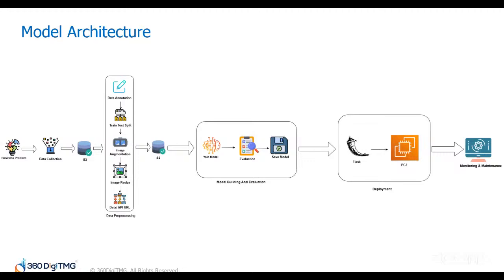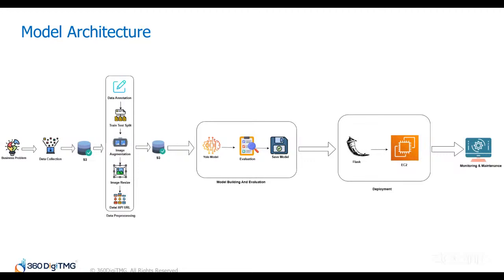Next comes the image resize. Every model will not take every cluster of multiple image sizes, so it is very important you get all your images into a particular size frame.